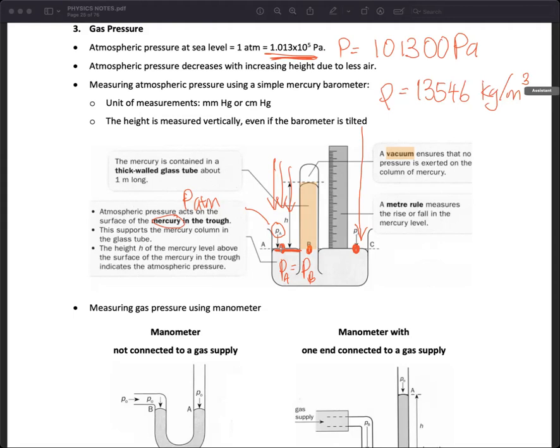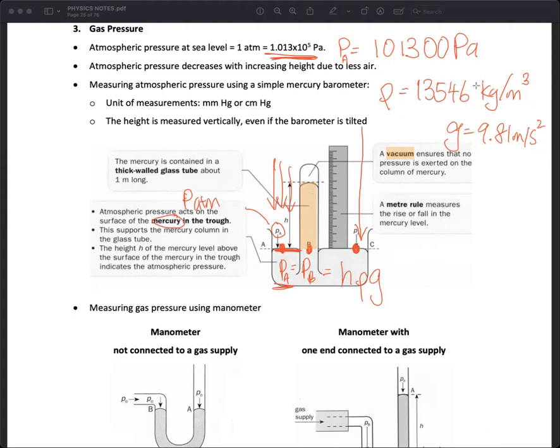So based on the liquid formula, PB equals h rho g, correct? My PA is equal to my PB. My g, let's use 9.81 meter per second square, and my rho, the density of this liquid, mercury, is 13,546.